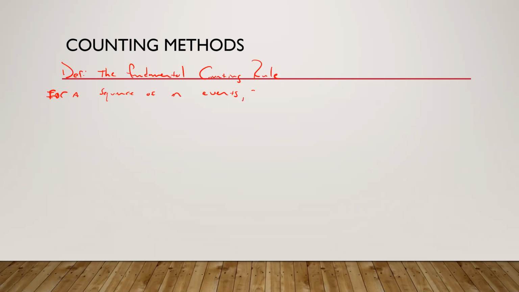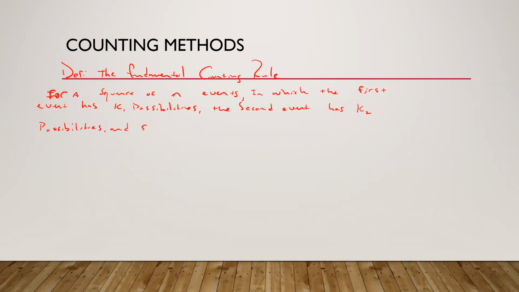In which the first event has k sub 1 possibilities. The second event has k sub 2 possibilities. And so on. The third event has k sub 3, however many.